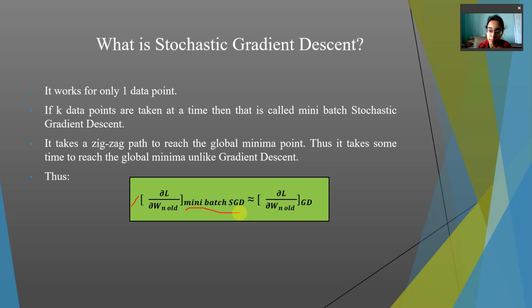So for both cases, time is consumed for two separate reasons, and we can say that the derivative for both cases will not be equal, but it will be approximately equal.